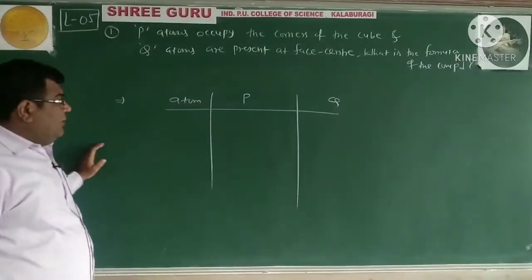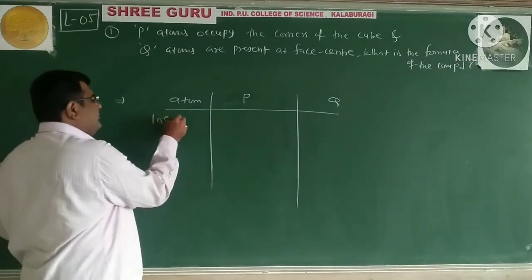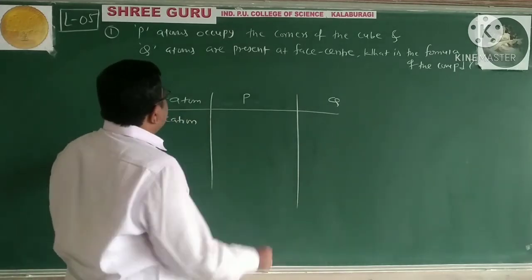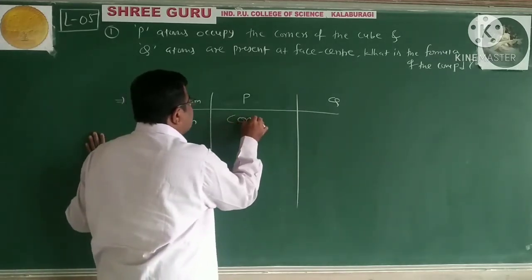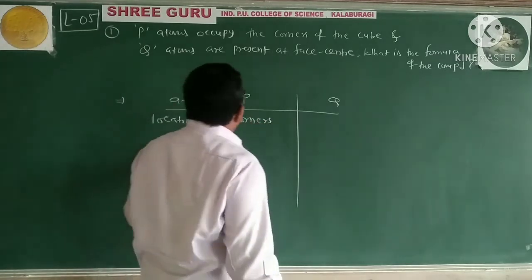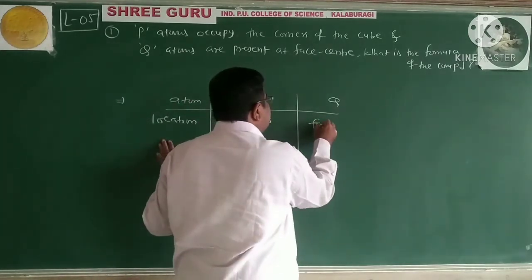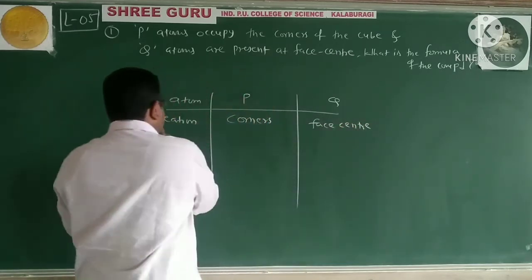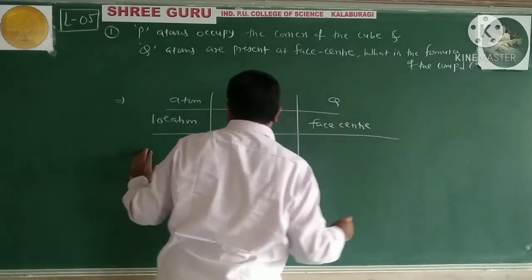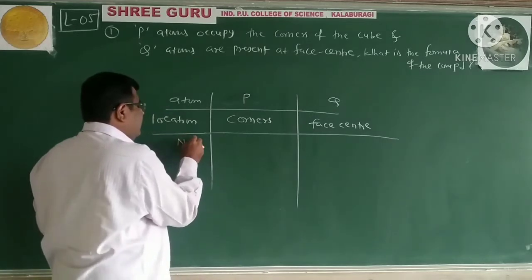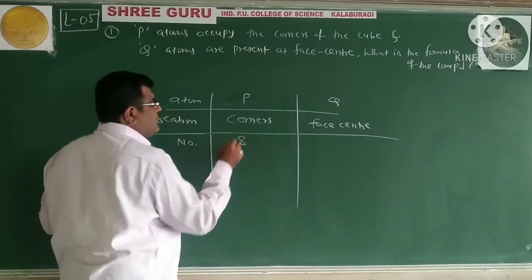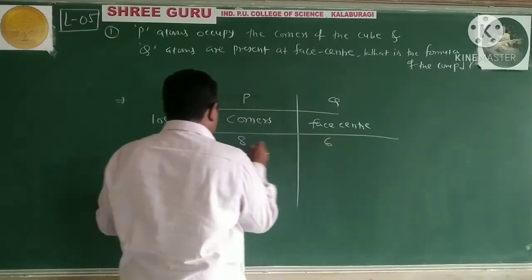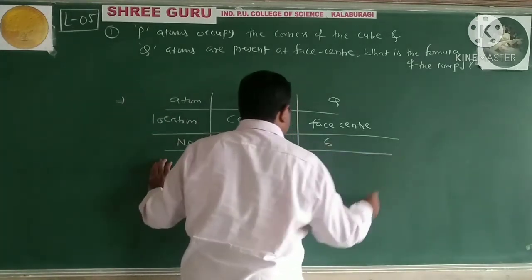Next we will mention their location or position. We can say that P atoms are at corners and Q atoms are present at face center. Then you write their number. If they are present at corners, they are 8 in number. If they are present at face center, it is 6.